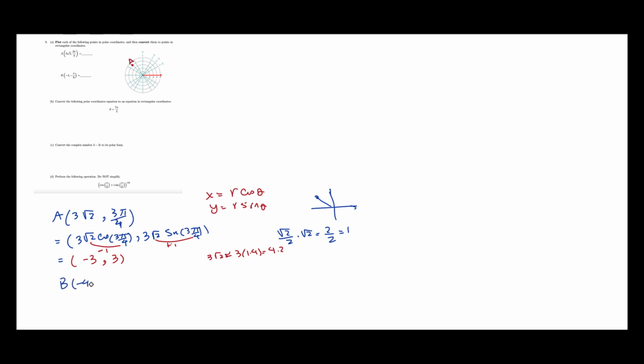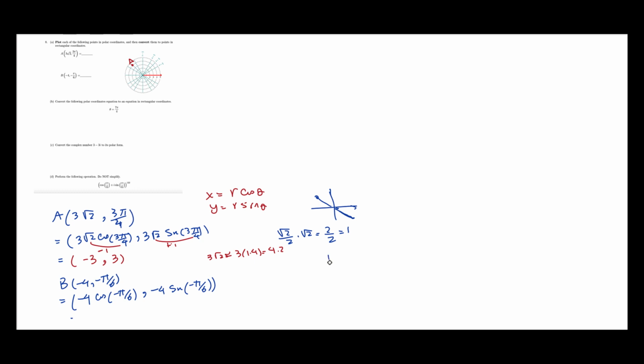B is negative 4 and negative pi over 6. According to the formula, this is negative 4 cosine of negative pi over 6 and negative 4 sine of negative pi over 6. So let's find these values. Negative pi over 6 is in the 4th quadrant, so cosine is positive, sine is negative.